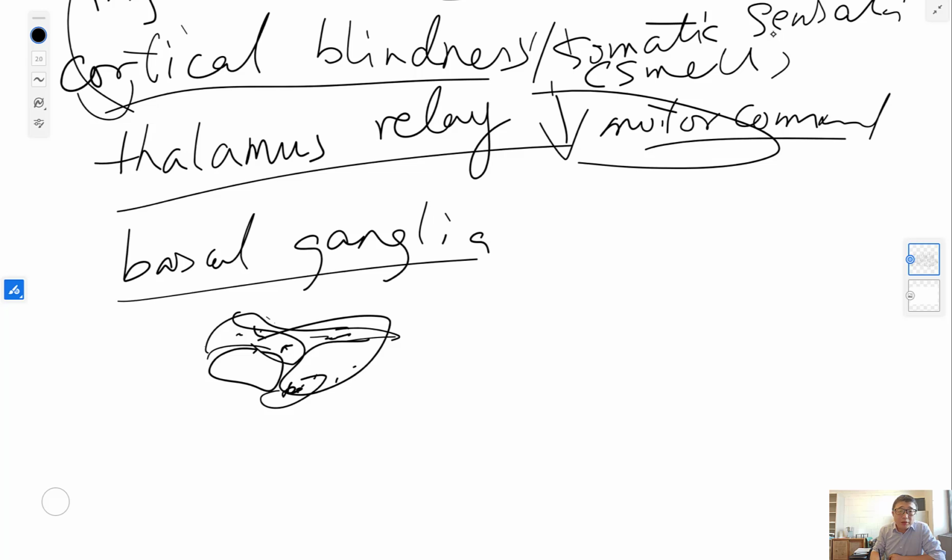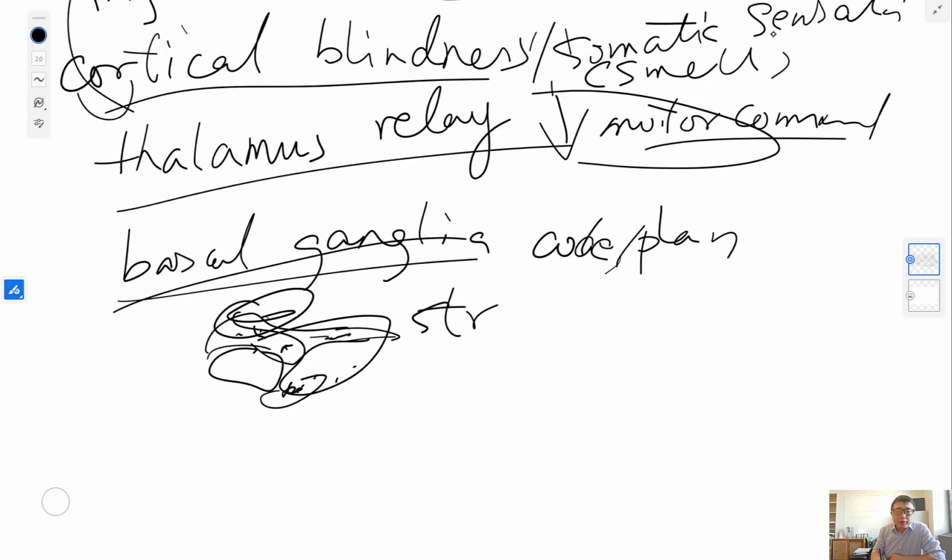So all right, what's the function of the basal ganglia? To code or plan action. As I mentioned, our consciousness only gives the order of what to do, what your final purpose is, and it's up to the basal ganglia to plan this series of actions to precisely tell each muscle fiber what to do. And the very first order is given here, at the striatum.